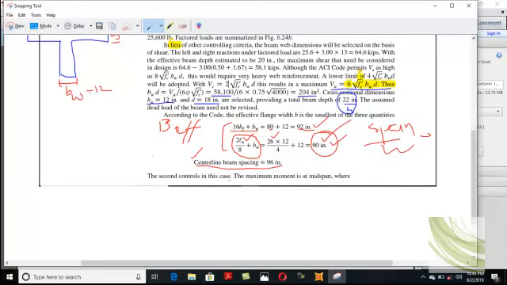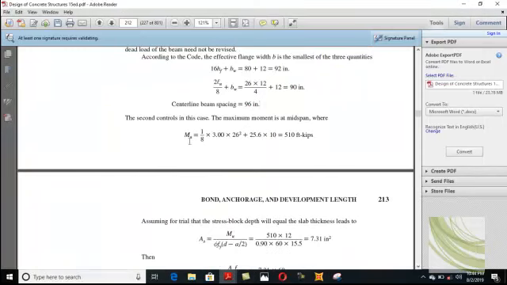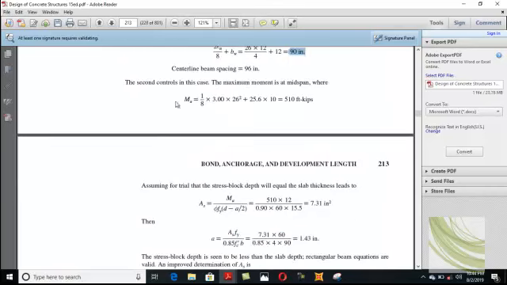The second controls in this case; the maximum moment is at mid span here. Now you have to select 90 inches. Clear? And thus you can get your maximum moment, wl square by 8, for a simply supported beam, and 25.6 multiplied by 10.